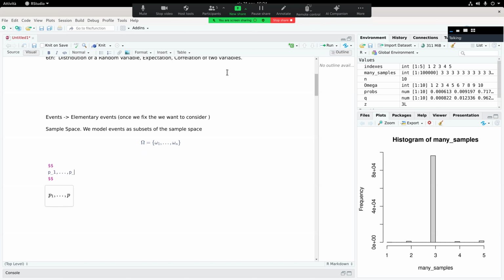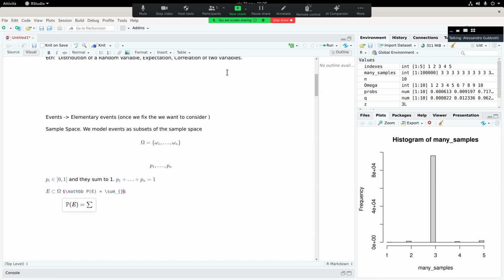So p1 plus... And for an event E, which is a subset of omega, the probability of the event E is simply equal to the sum of the probabilities of the elementary events in the set.